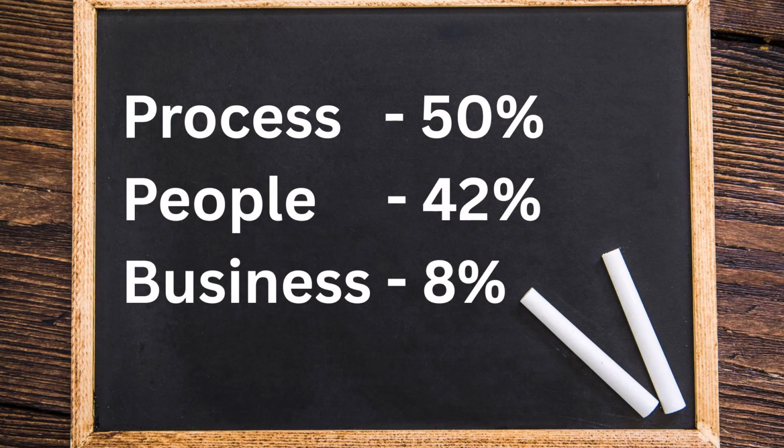Now, if you break down these 180 questions, each domain contributes a specific percentage. About 50% of the questions come from the process domain, 42% from the people domain, and the remaining 8% from the business environment domain. Based on this split, we can get approximately 90 questions from the process domain, 76 questions from the people domain, and 14 questions from the business environment.